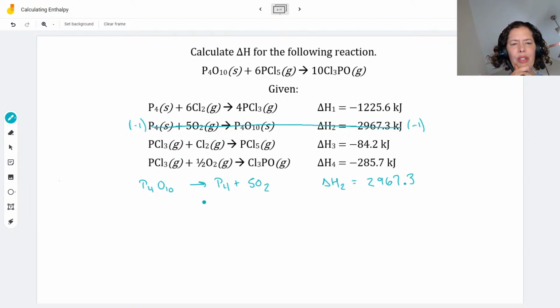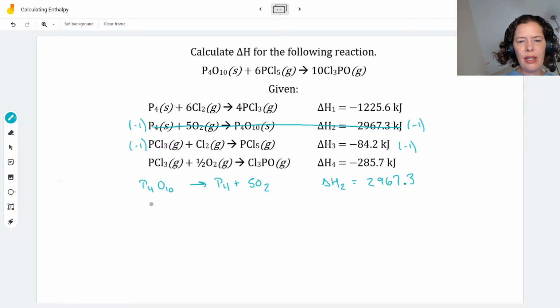Now what I want to do is I think I'm going to reverse another reaction here. So I'm seeing my chlorines are on the same side, so I'm going to reverse this reaction. Again, you might have chosen to reverse the top reaction, but I'm going to reverse this third reaction here and rewrite that.